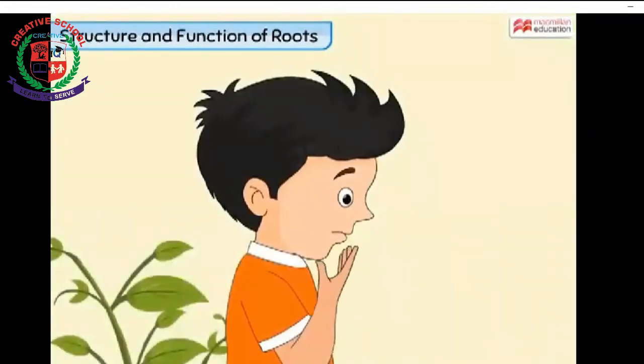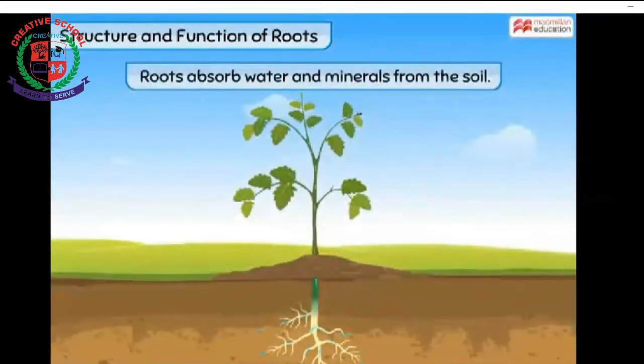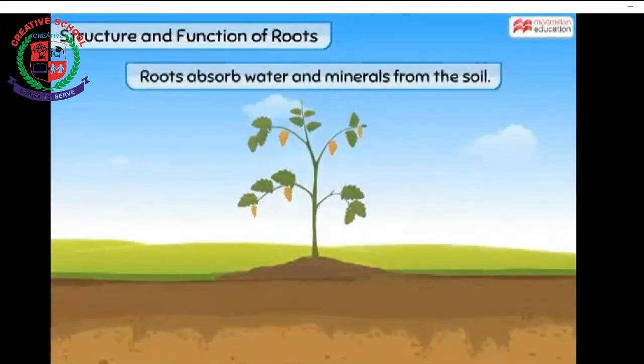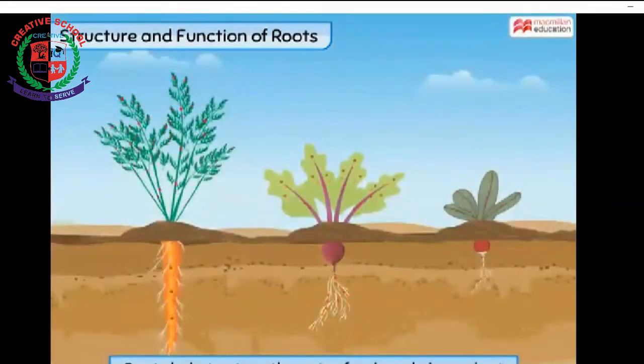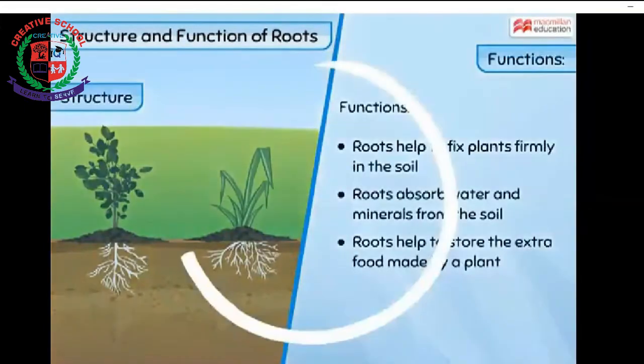The roots became rotten. Roots absorb water and minerals from the soil. So if it does not get the right amount of minerals, the plant will get rotten. The roots help to store the extra food made by the plant. So these are the functions of the root. The first one is taproot and another one is fibrous root.